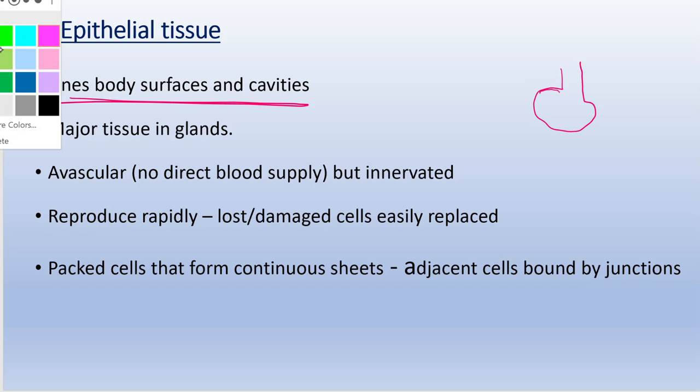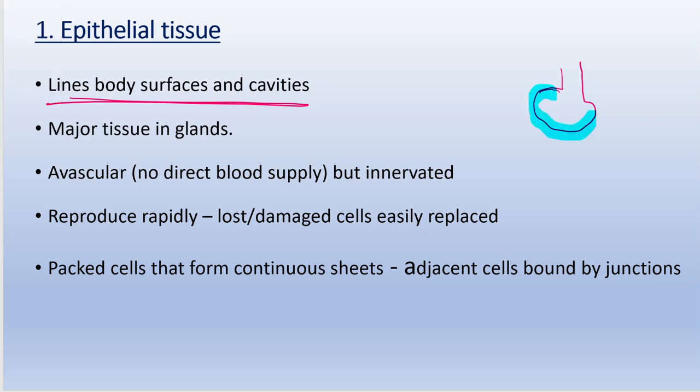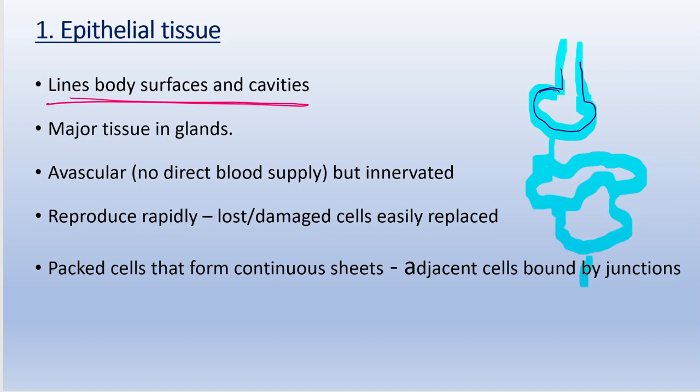What is lining the stomach here is all going to be epithelial tissue. What is lining the esophagus is going to be epithelial tissue. What is lining the intestines is going to be epithelial tissue. What is lining the anus is going to be epithelial tissue. What is lining your throat and your mouth is epithelial tissue. So it lines those body surfaces and cavities.